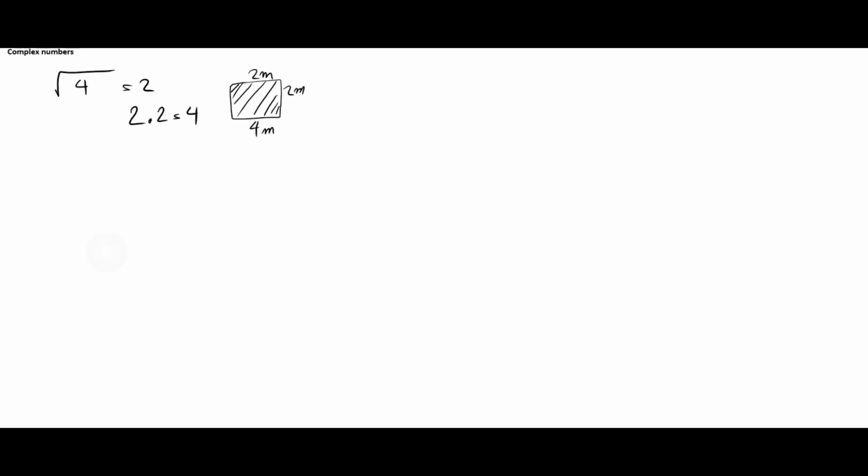The problem begins when I have a negative number. 1, I know the square root of 1 is 1, because if I have a square and the sides are 1, the area would be also 1. But what if I have a square root of minus 1?